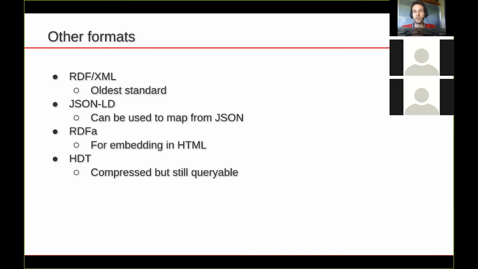Other times you just say, well, I need to archive some previous research work, and I'm just going to put it on FTP or Amazon S3 buckets, and I want to have it as cheap as possible, but it'd be really nice if I can still query it. Well, then use something like HDT, which is a compressed but still queryable format. The nice thing is, other than some exotic exceptions, these formats are transferable.